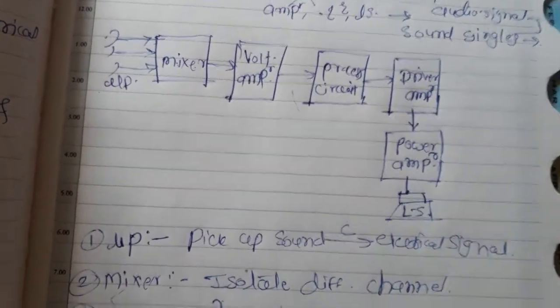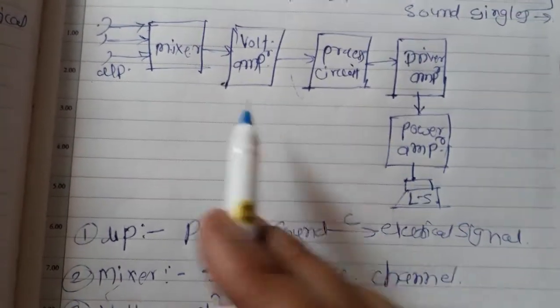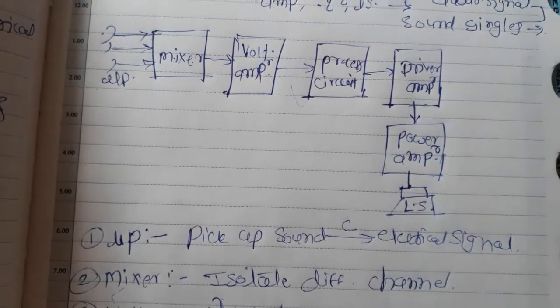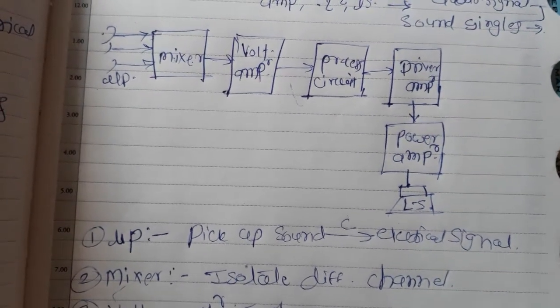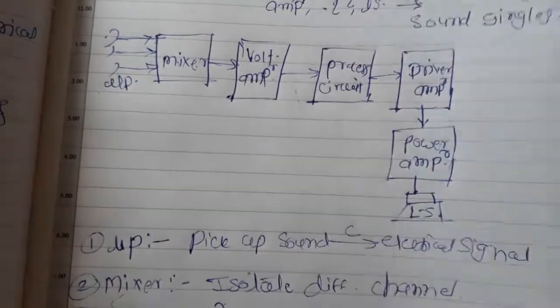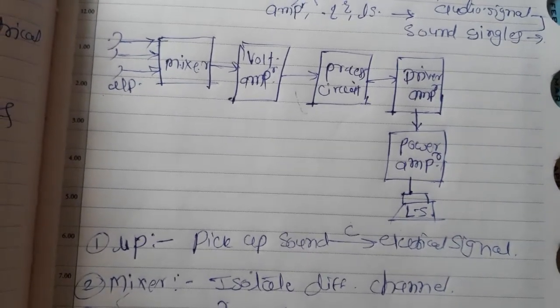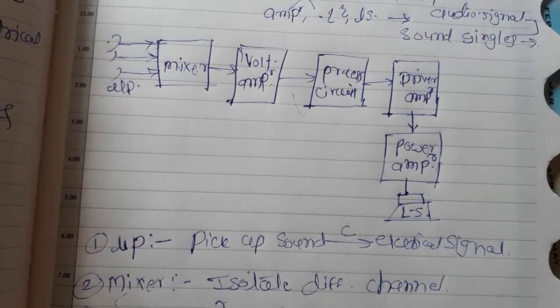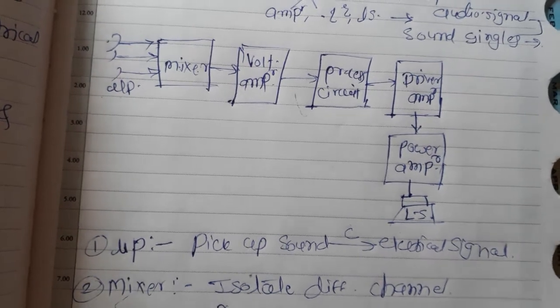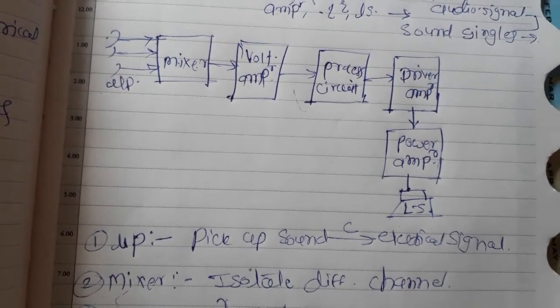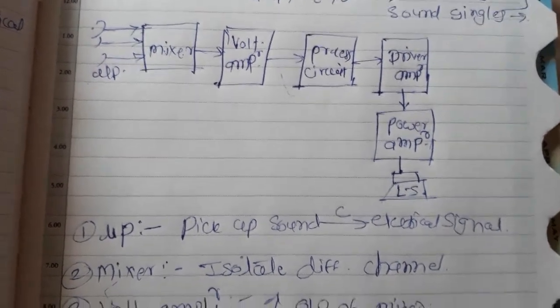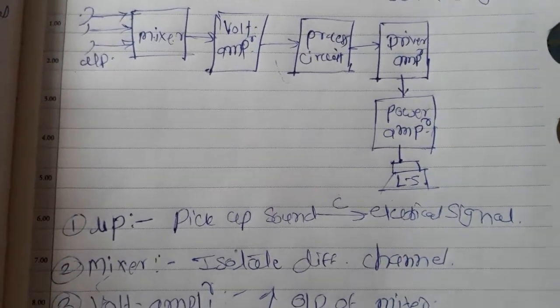Next, the output of the voltage amplifier is given to the process circuit. What is the function of the processing circuit? It has a master gain control and tone control. These two controls happen in the processing circuit.